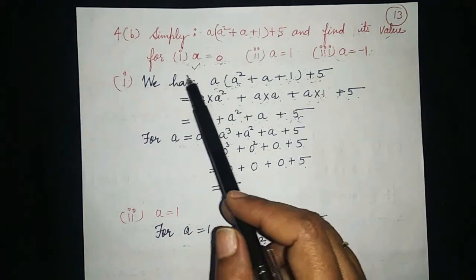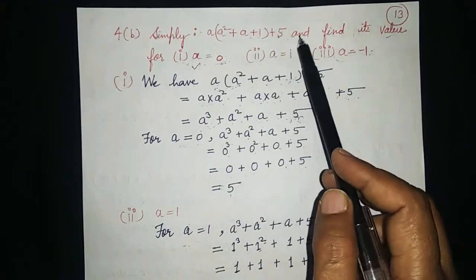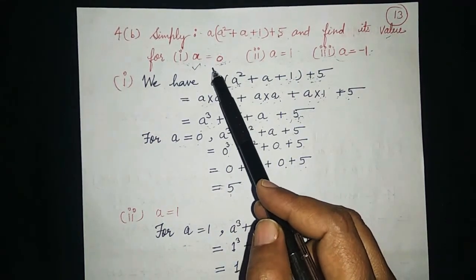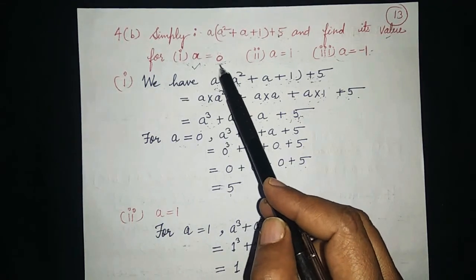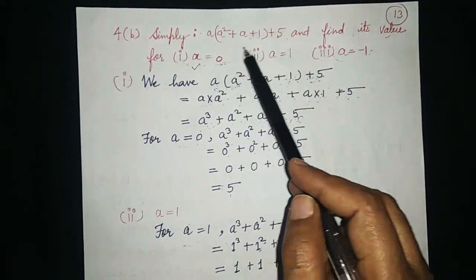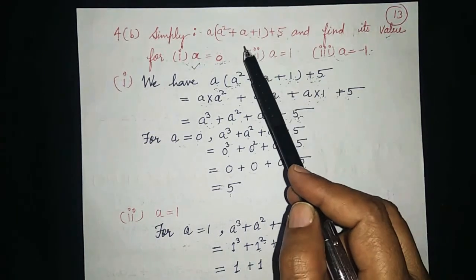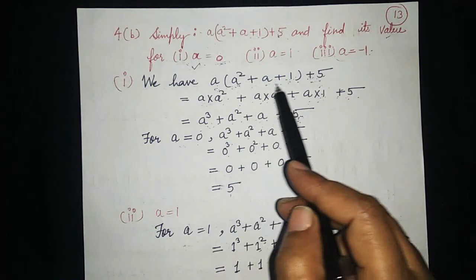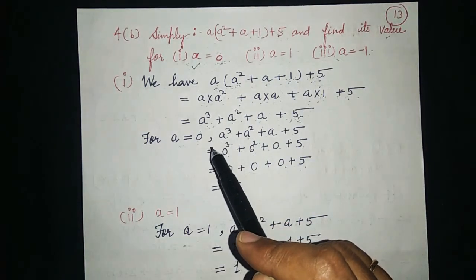First we will solve this expression for a equals 0. But before putting the value a equals 0, we will simplify the given expression. First we will write the given expression, and after writing it we will solve it.